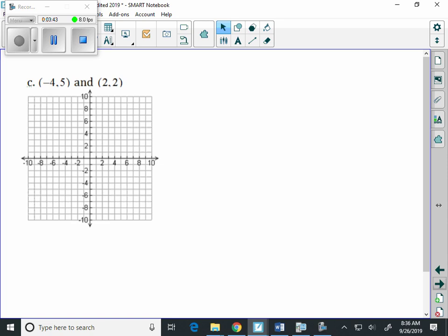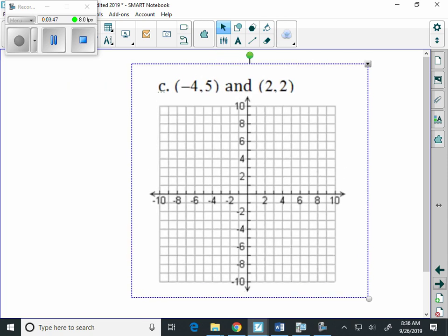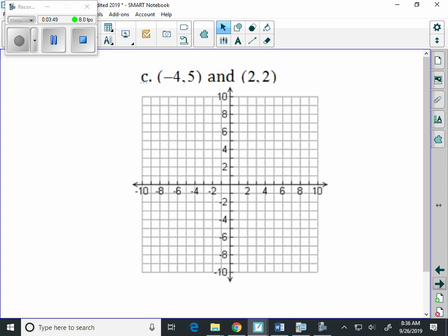Letter C, we don't have anything drawn in for this one, but we can draw it. On this particular problem, the points are negative 4, 5, and 2, 2. Once again, we want to find the slope of this line, and we'll draw in our triangle.